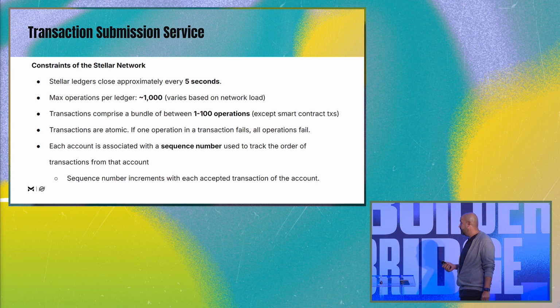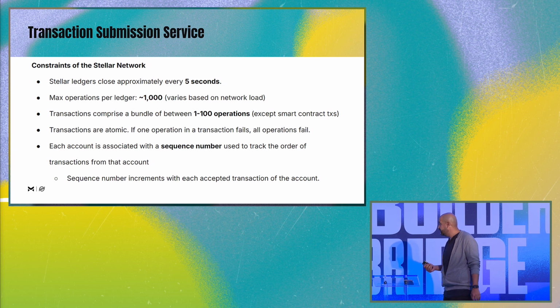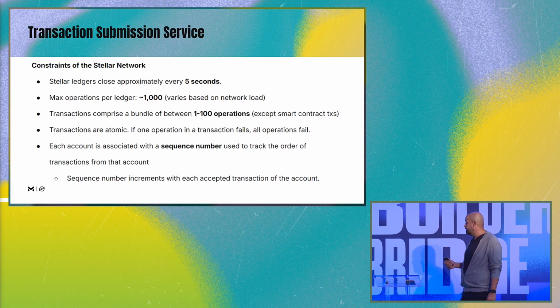Each account is associated with a sequence number, which tracks the order of transactions from that account. The sequence number increments with each accepted transaction, and accepted does not mean successful. It either succeeds or fails.